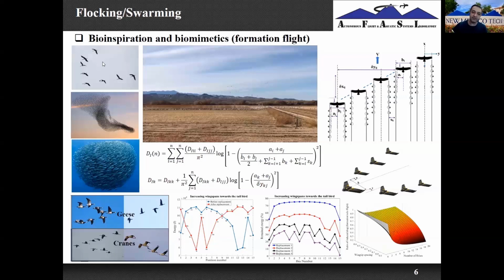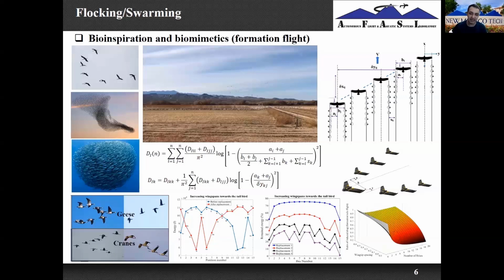There are different reasons that these animals or birds show this type of behavior. One of the concepts is that they want to save energy.